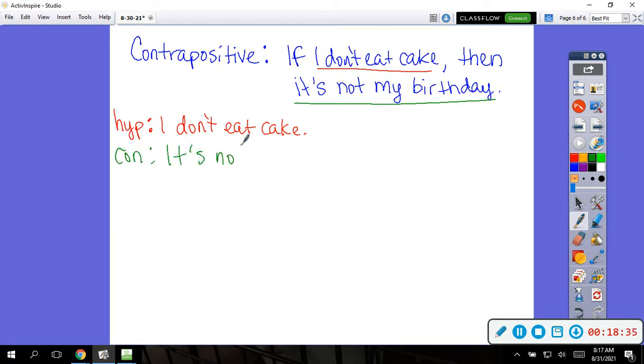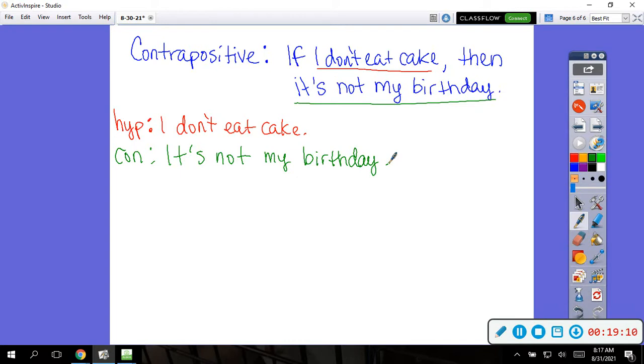So, think about this one logically. If I told you from the very first sentence was, if it's my birthday, then I'm going to eat some cake. If I don't eat cake, does that imply that it's not my birthday? Not in the first sentence. So my first sentence, the very first conditional was, if it's my birthday, then I will eat cake, right? So if I'm now telling you I don't eat cake, does that mean it's not my birthday?